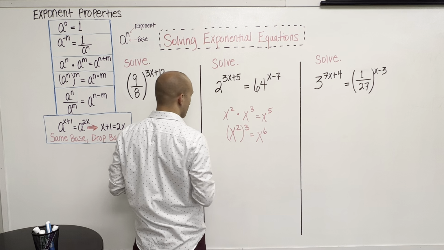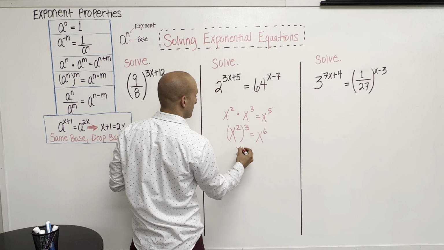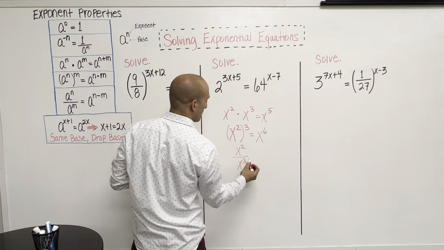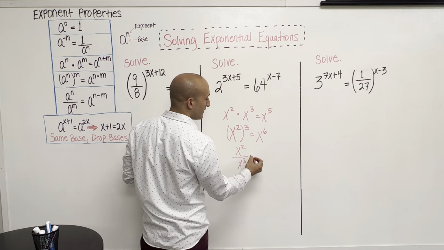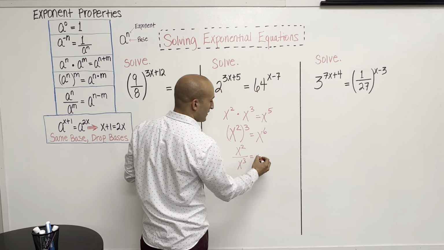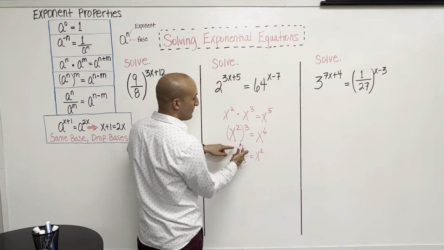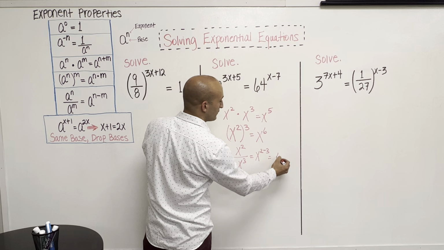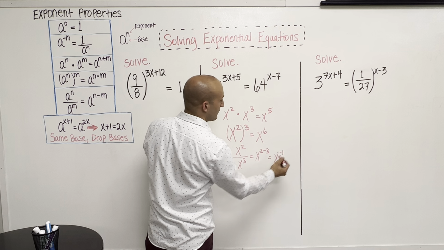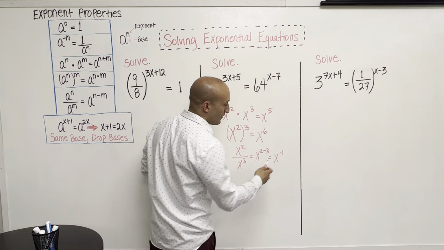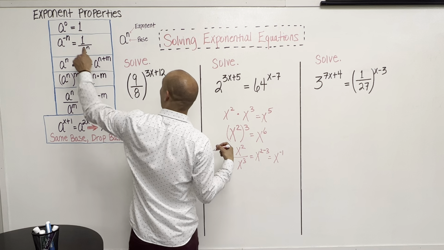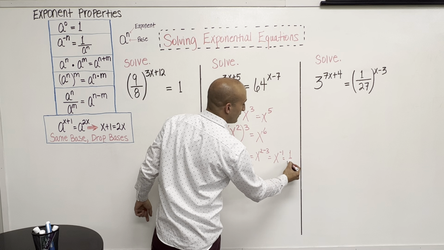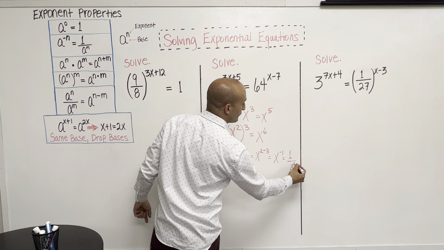Okay, lastly, if I have two exponents being divided here, then I'm gonna grab the top exponent and subtract it from the bottom exponent, which equals x to the negative 1, which in turn we can apply this property and say this is actually equal to 1 divided by x to the first power.